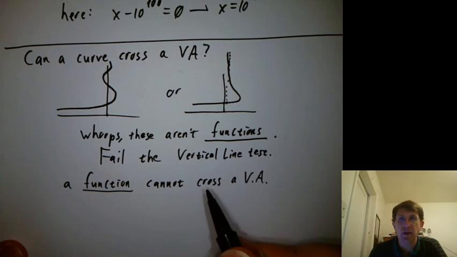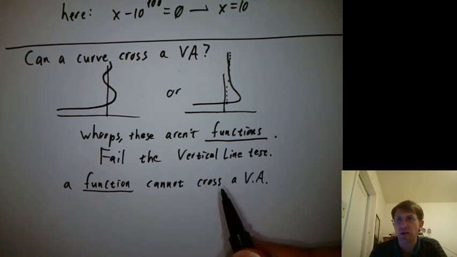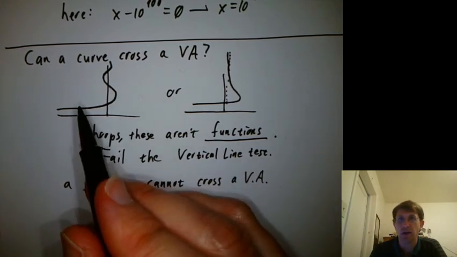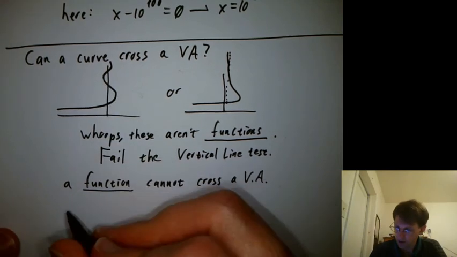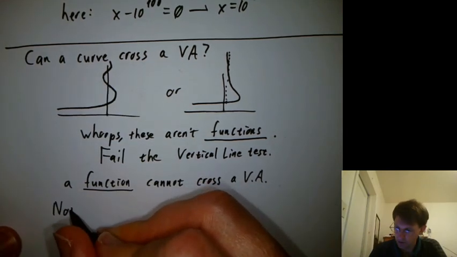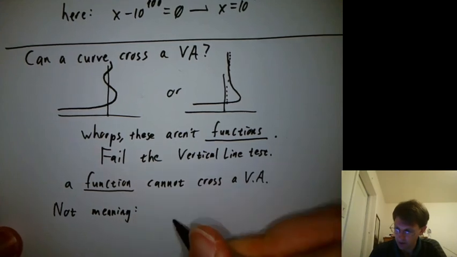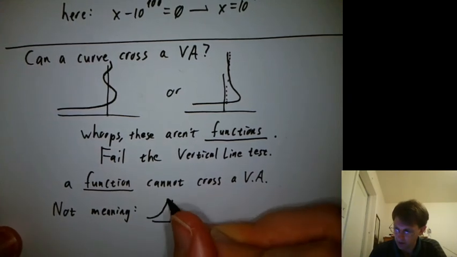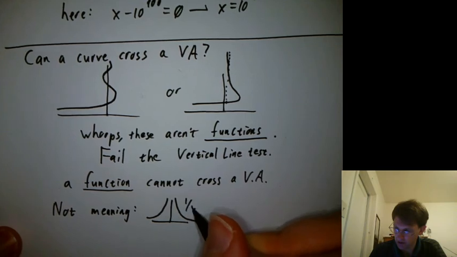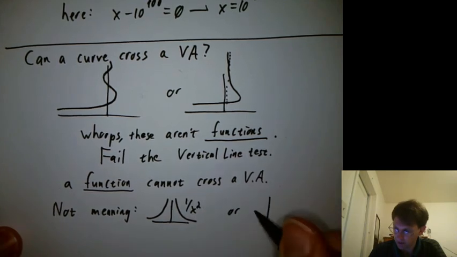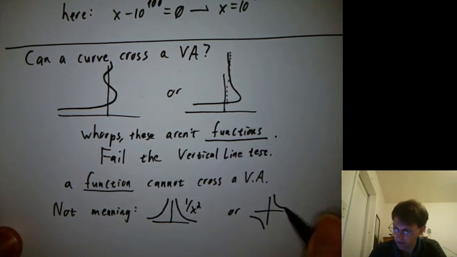Now, we have to think more carefully about what we mean by cross a vertical asymptote. Here it kind of crossed and came back. What we don't mean is something like 1 over x squared or 1 over x.